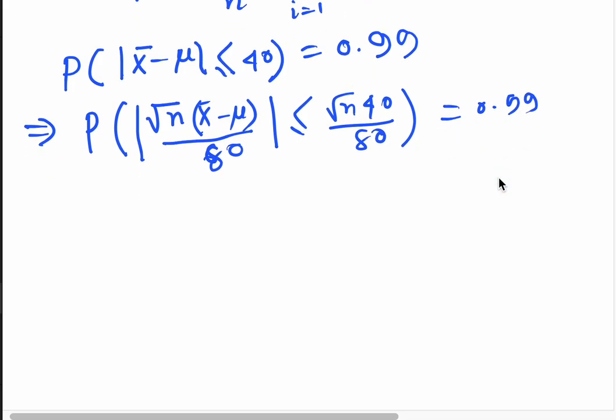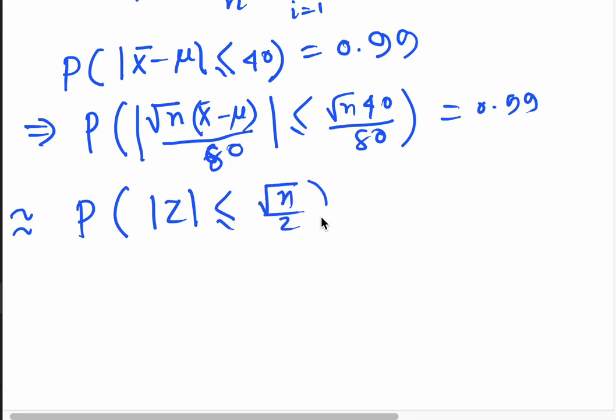So now we can approximate this by a normal distribution from the central limit theorem. So this will be approximately equal to probability of mod z less than or equal to root n by 2, equal to 0.99, where z is standard normal from the central limit theorem.